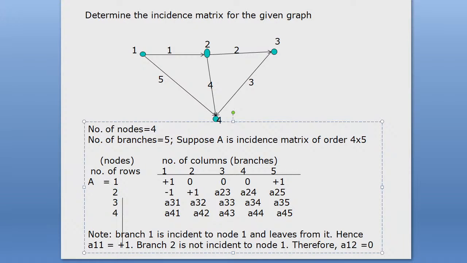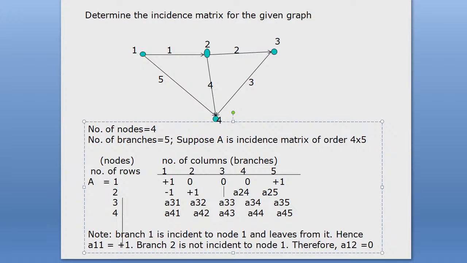A22 is plus 1. Now A23: node 2 is not connected to branch 3. Node 2 is not connected to branch 3. That means it will be equal to 0.